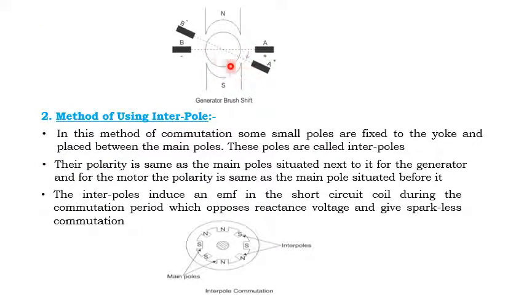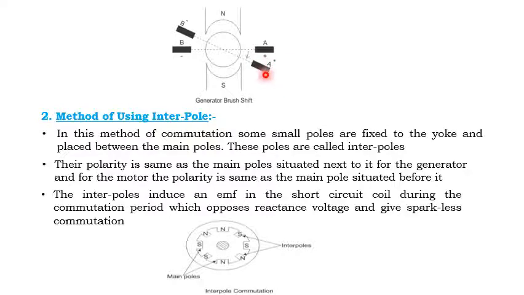Here it is shown, the generator brush shift. Initially the brush was in this position. This is A and this is B, and it is shifted in forward lead. So this position comes to here. What happens?